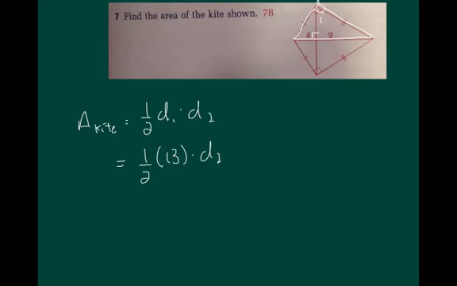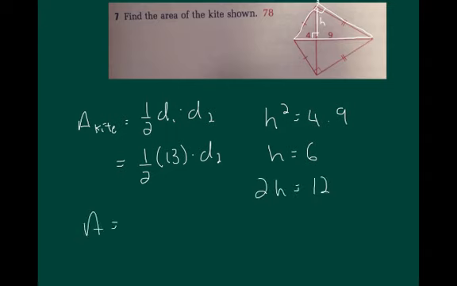So I'm going to say that h is going to be the upper half of this diagonal, and so h squared equals 4 times 9. Solving for h, I see that h equals 6. So since the shorter diagonal is bisected, I'll know that the longer diagonal must be 2 times h, or 12. So my area is going to equal 1/2 times 13 times 12, or 78.